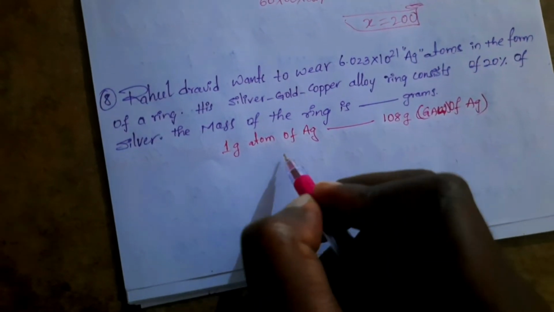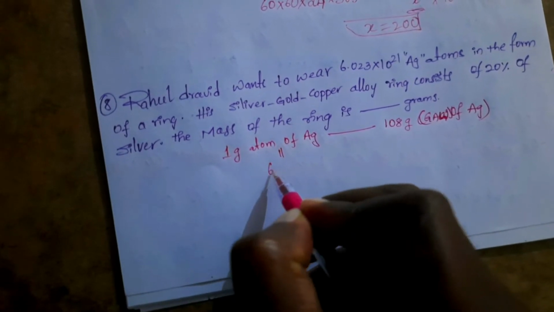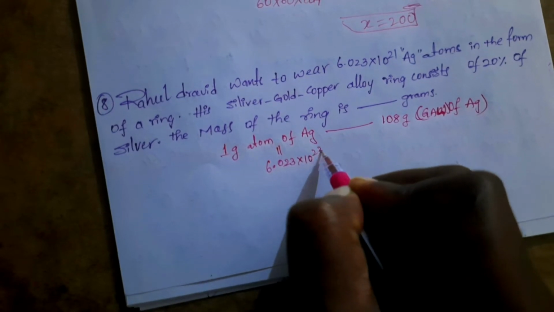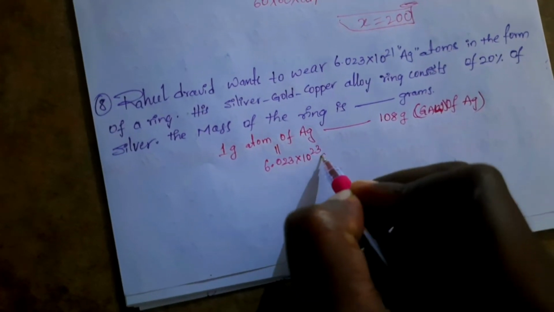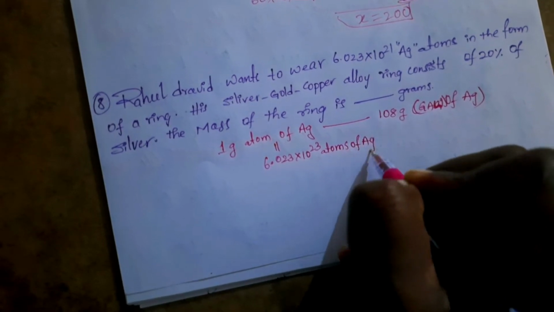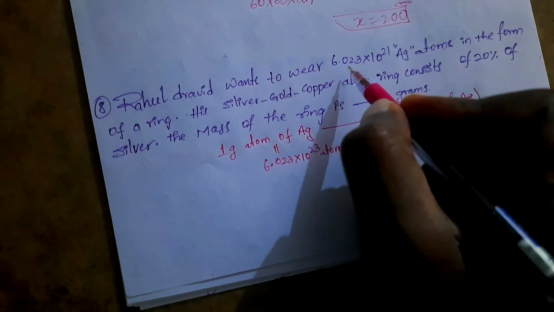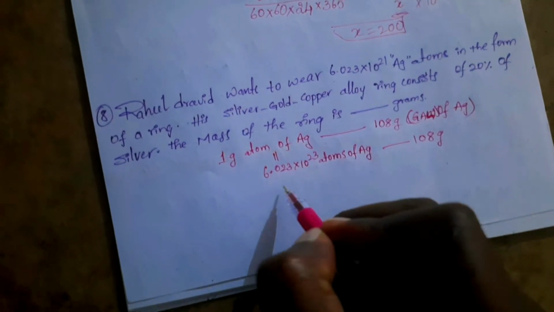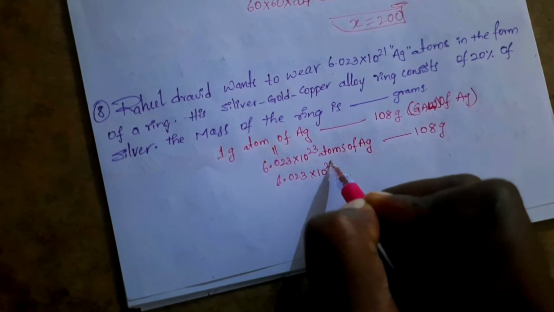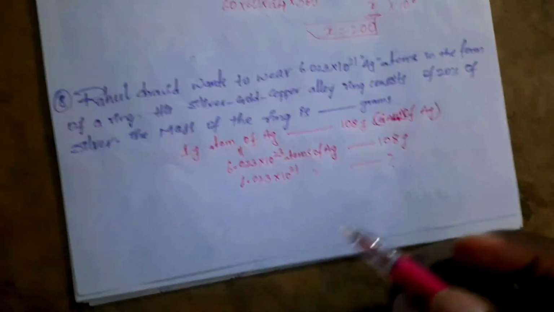Now 1 gram atom of silver contains how many atoms? 6.023 into 10 power 23 atoms. These many atoms of silver weigh 108 grams. But how many atoms are given here? 6.023 into 10 power 21 atoms. First we have to calculate that weight.